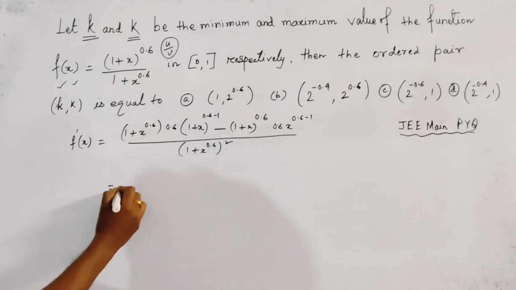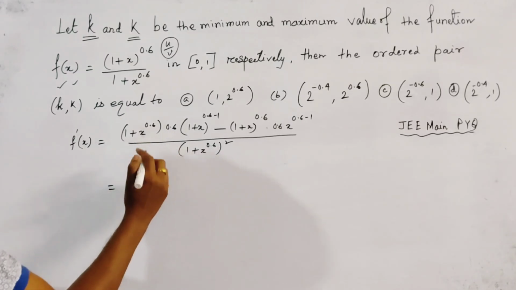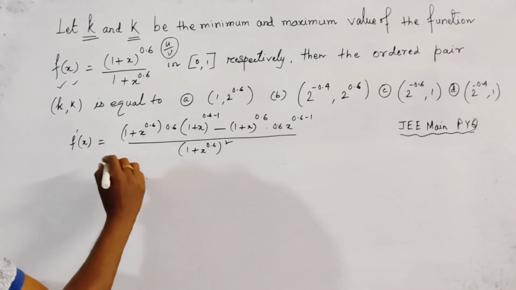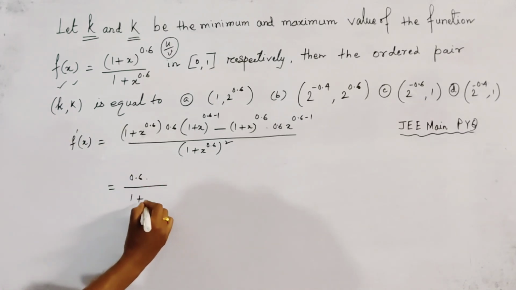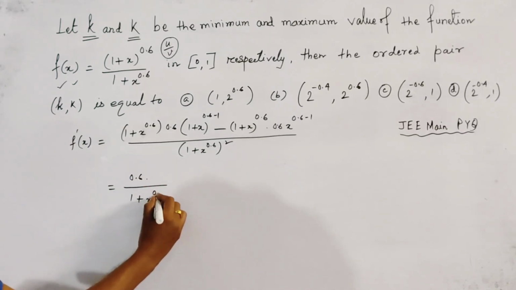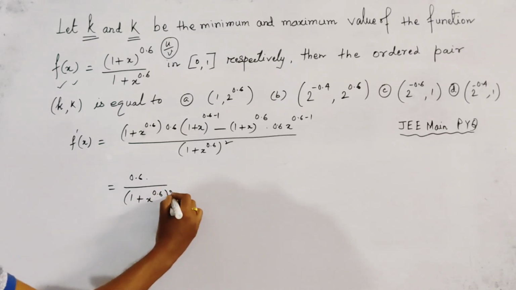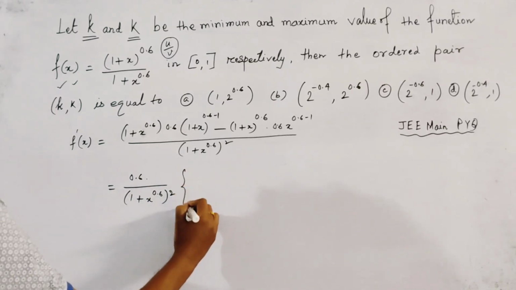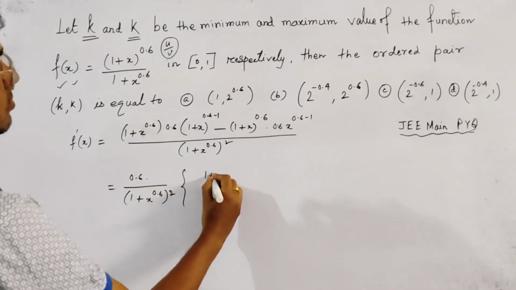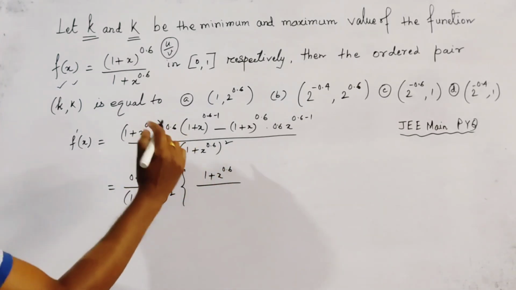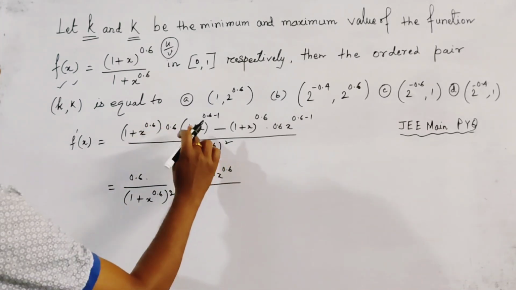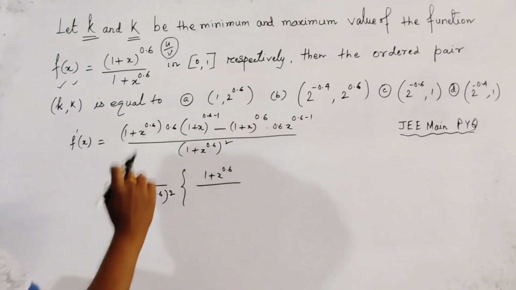Now taking common 0.6 from the upper portion, this is (1 plus x raised to 0.6) to the power 2, and this term is given by (1 plus x) to the power minus 0.4.